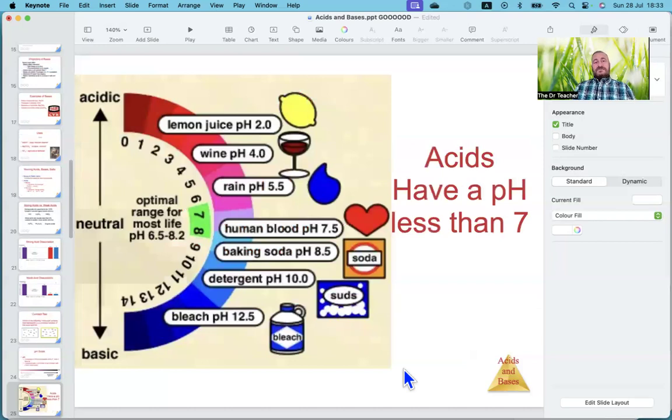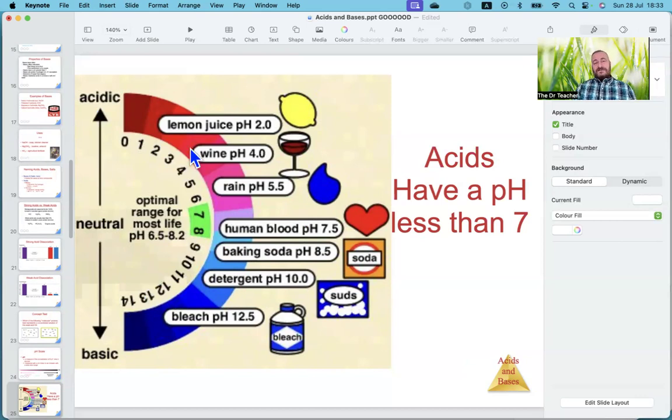And now let's see what famous products we have. Neutral in the middle, pH 7, and you have acidic less than 7 from 0 to 7, and we have basic more than 7 up to 14.